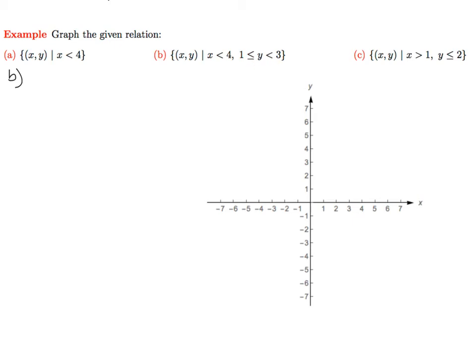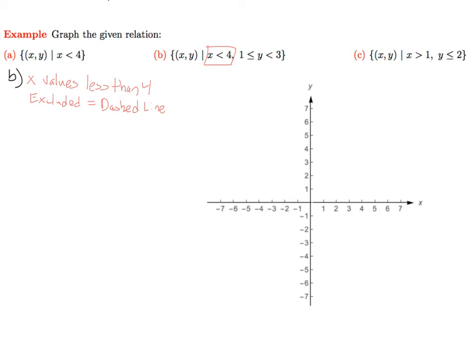So first, taking into account the restriction on x being less than 4, we see that here x values less than 4. And so here these points are going to be excluded. So this means we're going to use a dashed line for that restriction.